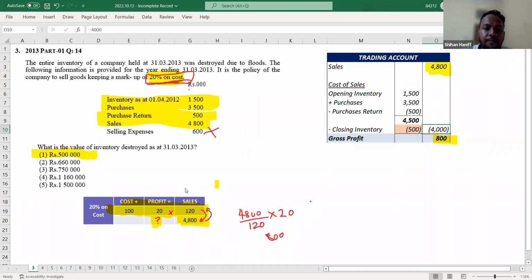If they say 20% on selling price, then sales will be 100, profit will be 20, cost will be 80. If they say 20% on cost, cost will be 100. That's the difference that you need to understand.